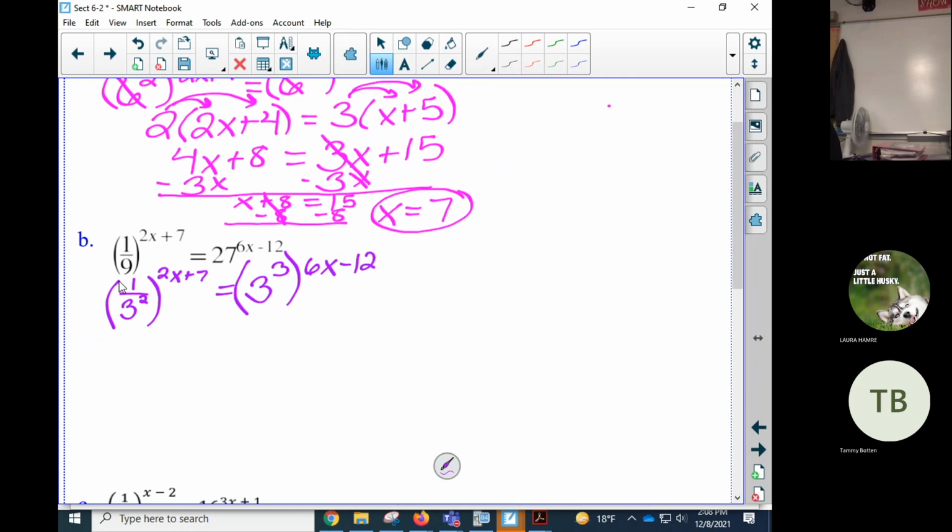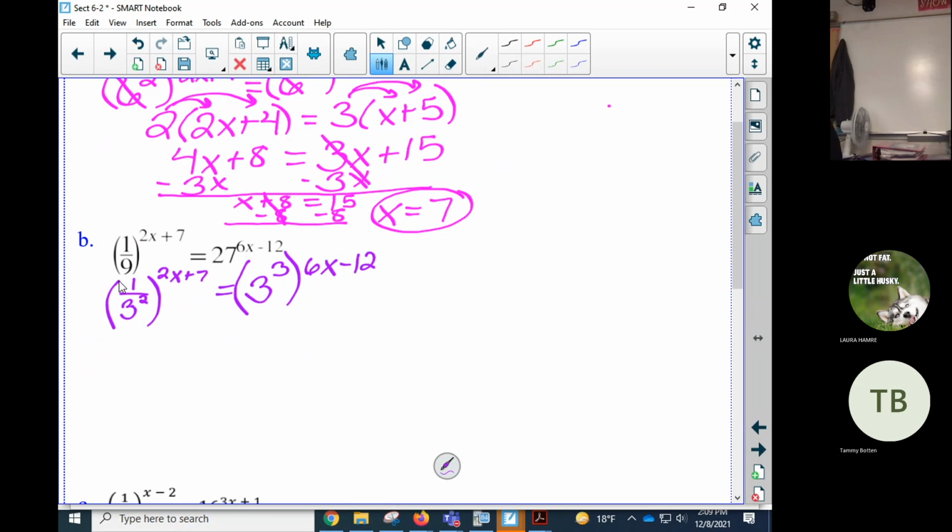Now, do you guys remember when you learned exponents back in chapter 4? How do you make something that is on the bottom go to the top? What do you have to change? To negative. If it's positive on the bottom and we switch it to the top, do you remember how you just changed the sign of the exponent?